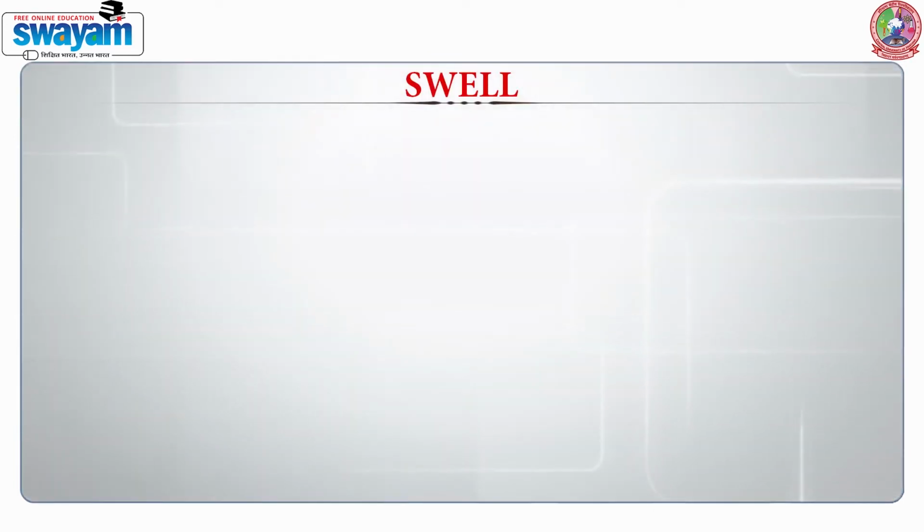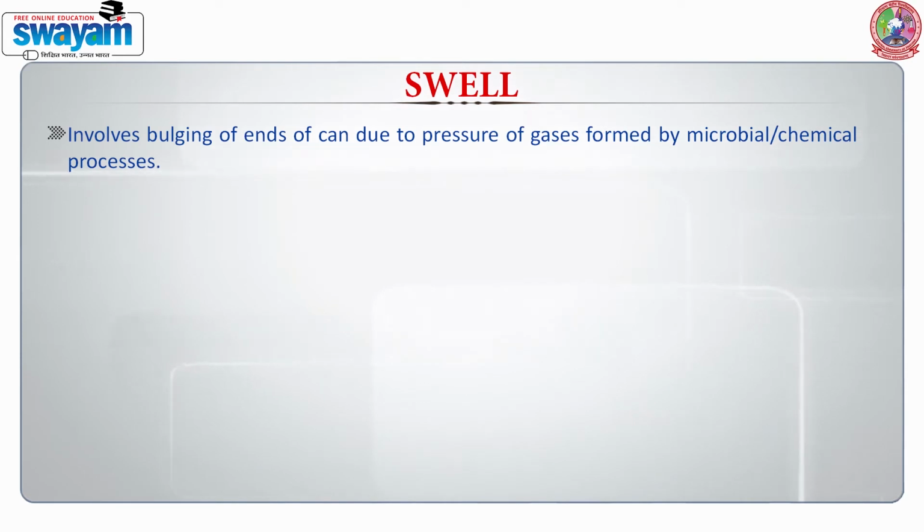Now, let us see what the physical and chemical spoilage processes are. The first important spoilage is known as swell, wherein the ends of the can bulge due to the pressure of gases produced by microorganisms or by some chemical processes.